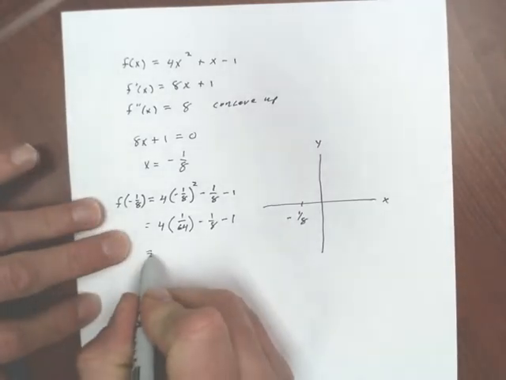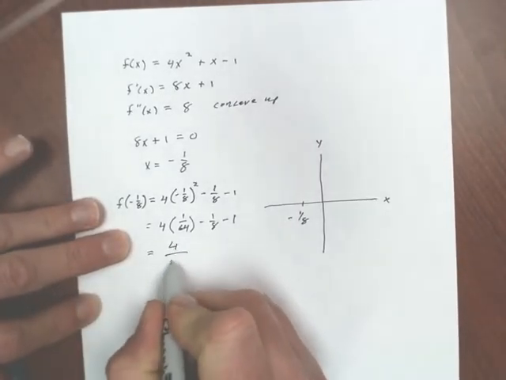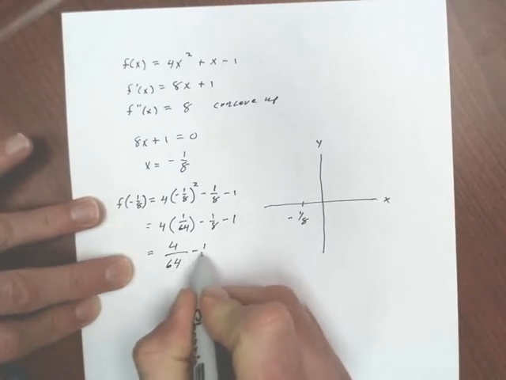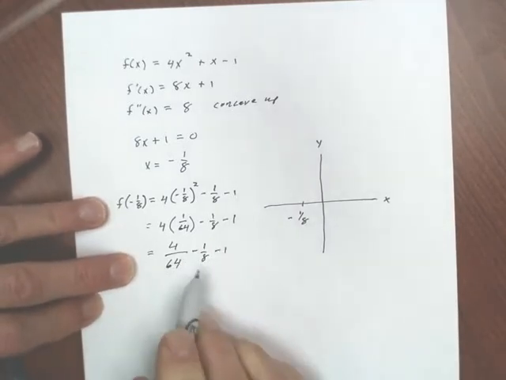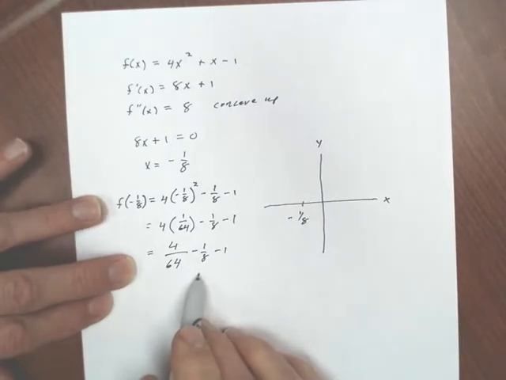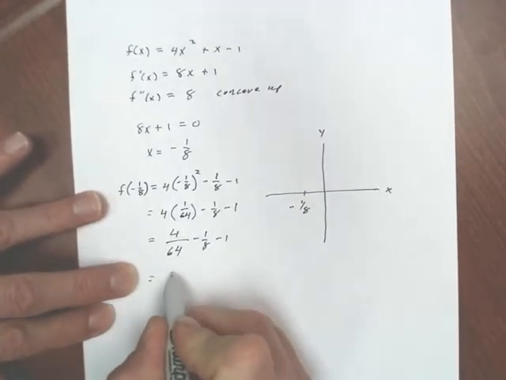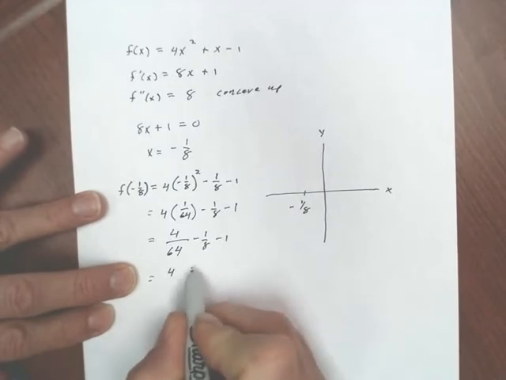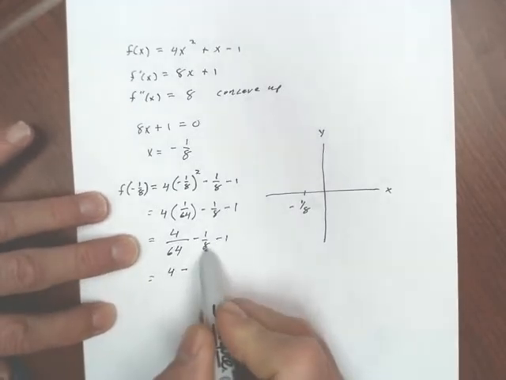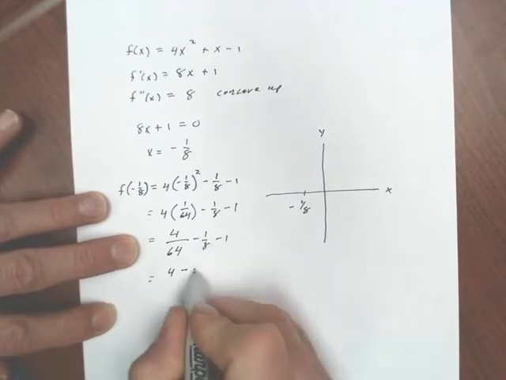So that gives us 4 over 64 minus 1/8 minus 1. Let's go ahead and find a common denominator and work it out in fractions all the way through. So that equals 4 minus, now 8 goes into 64 8 times, minus 8.